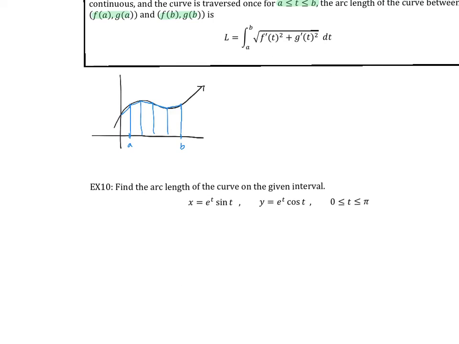So when I add up all those lengths, that would be an approximation of the length of this curve, or its arc length from A to B. To find the actual length, I would have to make these really tiny partitions, take the limit. Oops, and this first one shouldn't be here because that's before A.